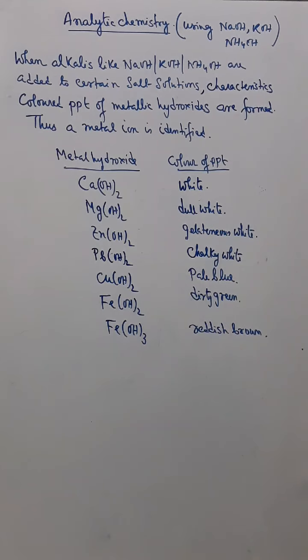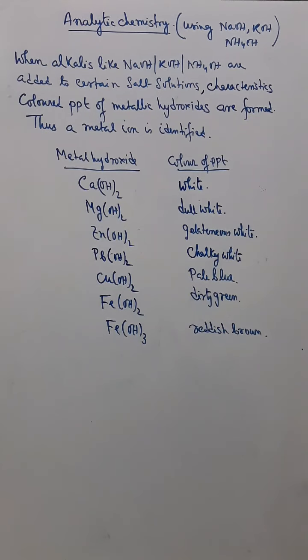That means you can identify whether it is a calcium salt, or a magnesium salt, or a zinc salt, or a lead salt, or a copper salt, or a ferrous salt, or a ferric salt. So like this we can identify. In this chapter we will know how to identify metallic ions.